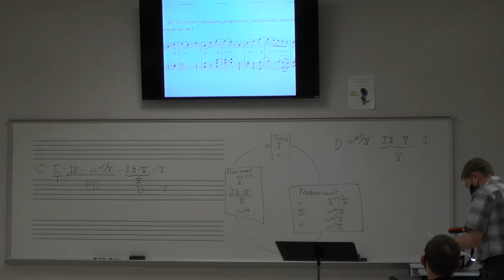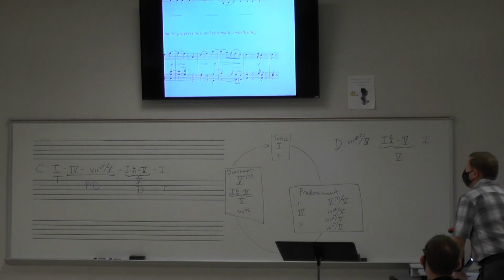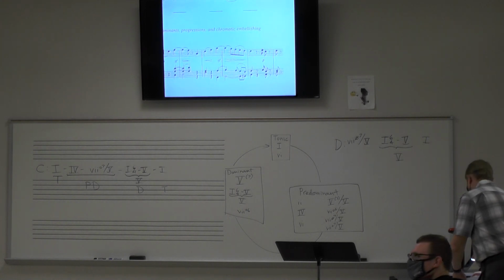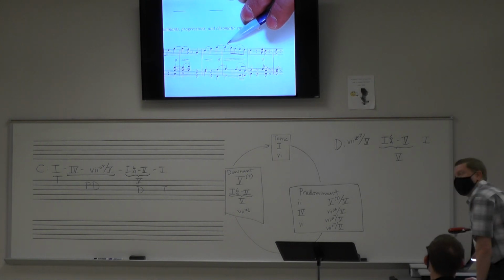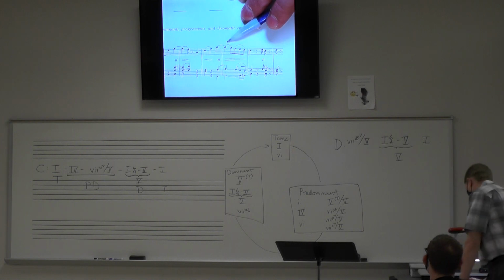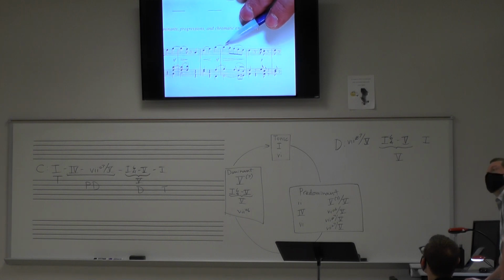So we could just do quickly a few more. How about this high A right here on the downbeat of this measure? That is a suspension. Can anyone tell me what kind of suspension this A makes with the bass? 9/8 suspension. Good.